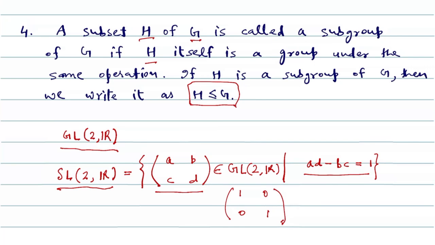And if ABCD is any invertible matrix in SL2R whose determinant is 1, then its inverse also has determinant 1. So every element of SL2R has an inverse also. SL2R is called the special linear group.